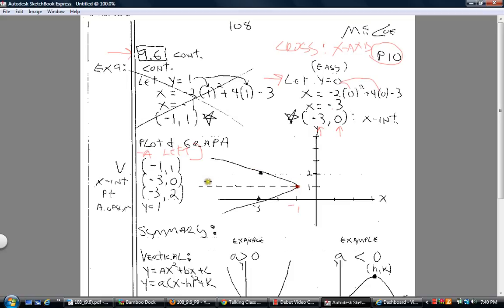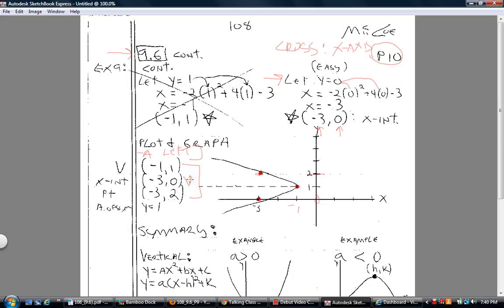But then we found -3, 0, and then on the previous page it was -3, 2. Again, we picked values for y right here. We found the corresponding y equals 0. We found -3 over there on top, stacked on top of each other. So you can see the pairing going on here.